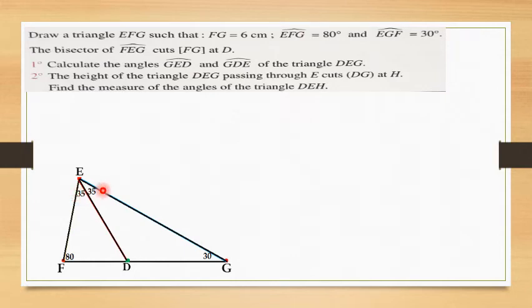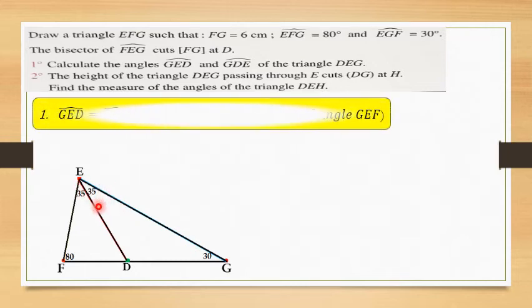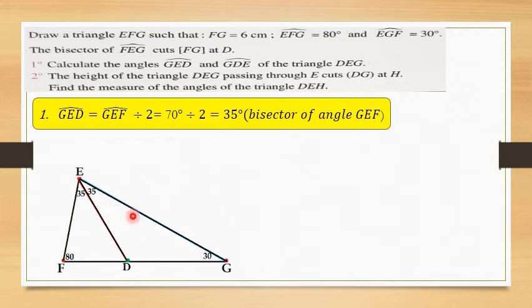We know that the bisector cuts the angle into two equal adjacent angles. So GED equals 70 over 2, which is 35 degrees. Here GED equals DEF equals GEF over 2.